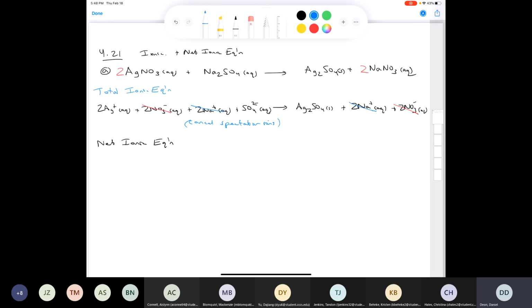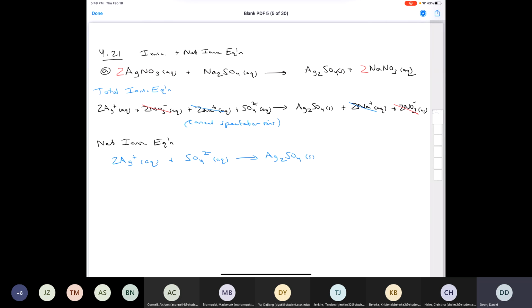Let's write the net ionic equation. It's everything that's left over. We end up with 2 silver plus ions plus the sulfate ion, and we produce silver sulfate, solid. All right, that's all there is to it.